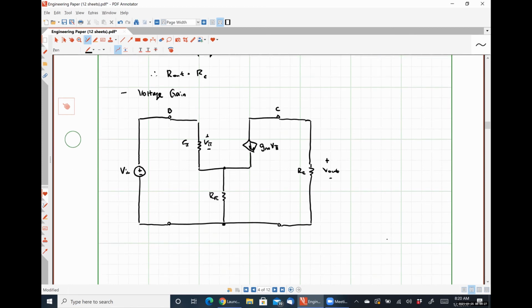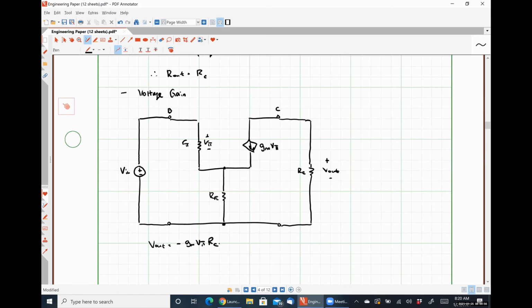So let's start with something easy. I can develop a simple relationship for my output voltage right now. It's not going to be related to V in per se, but it will be related to V pi just by using Ohm's law, right? I can say that V out is equal to negative GM V pi times RC.